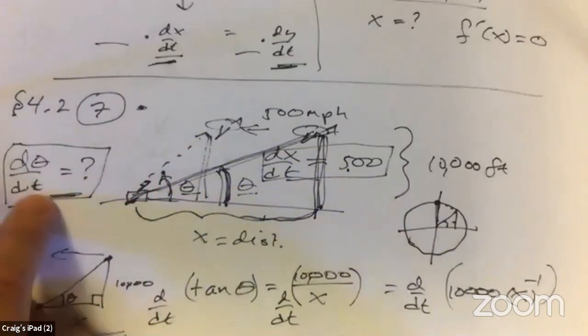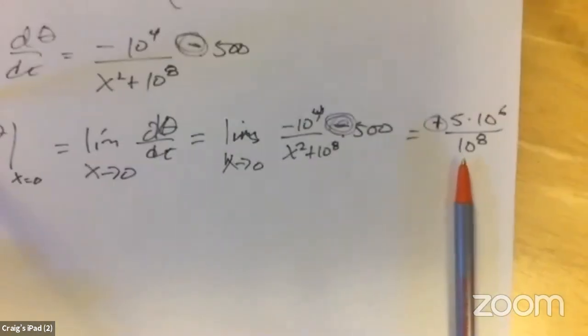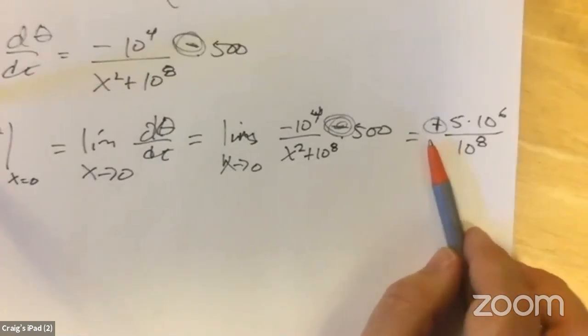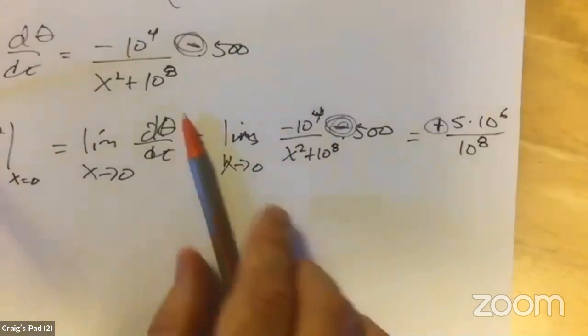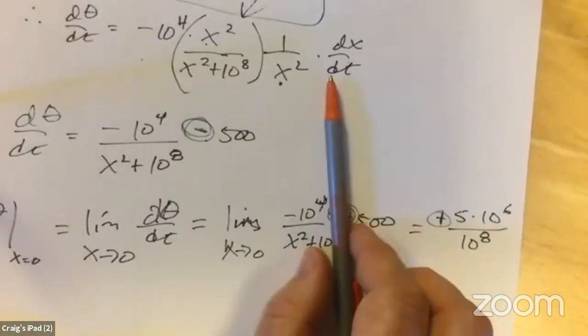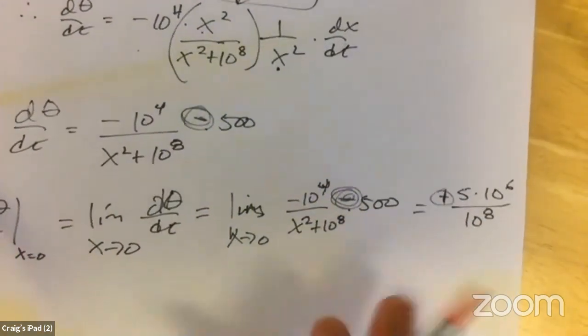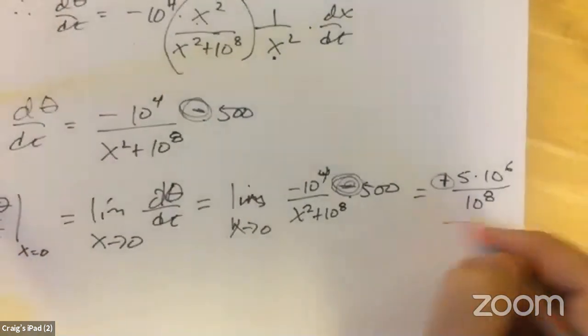So the derivative of the angle should be positive with respect to time. Okay, so at the end, when I got this negative number, if I'd thought about it for 1 second, I'd have known that's the wrong sign. And you go back and check these things. So good catch. dx dt should be negative, so that d theta dt is positive. Okay, that's the sort of autopsy you do on a problem after you're done, to check that you've got the solution here.